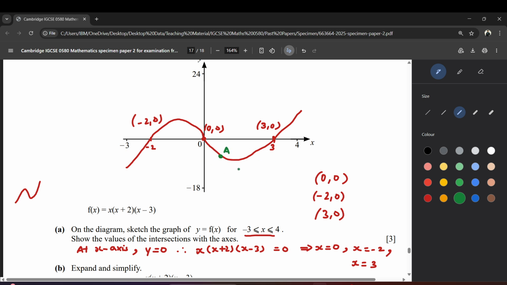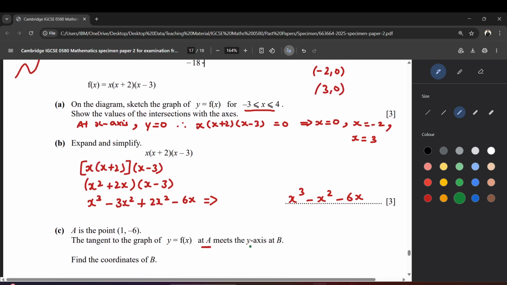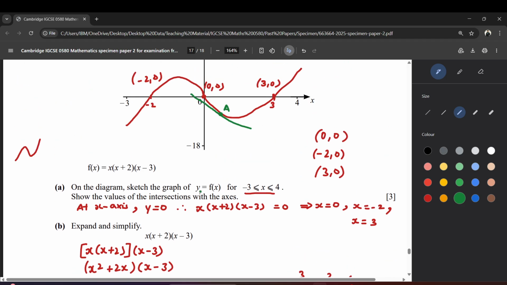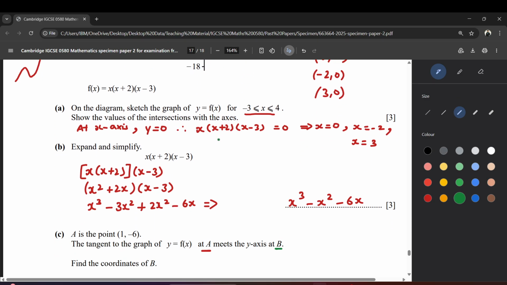Now if I draw a tangent, it should be something like this. Now the tangent at A meets the y-axis at B. So it's meeting the y-axis over here, right? So this is your point B. Got it? Find the coordinates of B.